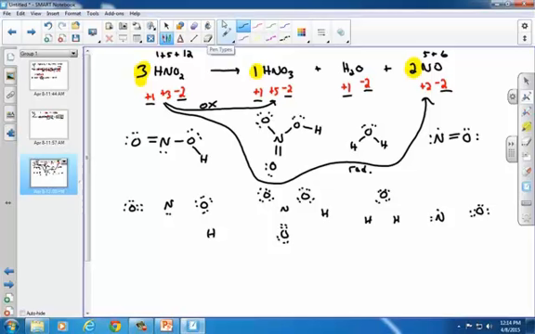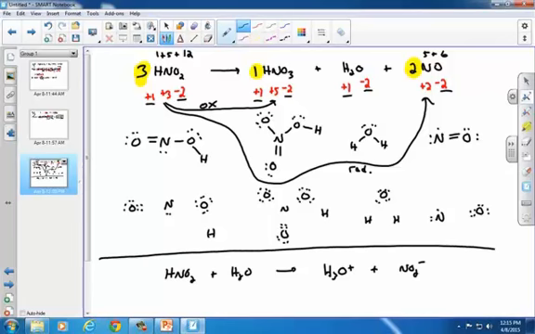If I calculated that I had something like this, and I'm going to make H3O plus and NO2 minus. In this reaction, I'd go through the same process. I would draw the Lewis structures, I would see how the electrons are pulled to the more electronegative atom, I would use that to assign the electrons and calculate the oxidation numbers using the formal charge formula.